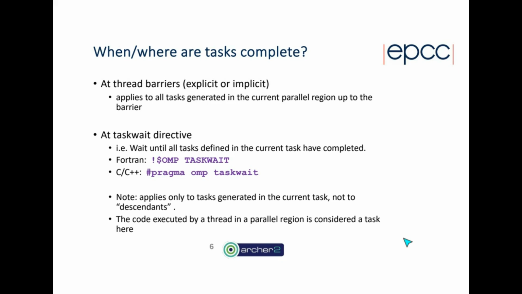We also have some other mechanisms. The next one is the taskwait directive. This says wait until all the tasks defined in the current task have completed. As with the barrier directive, this is a standalone directive that has no code associated with it.